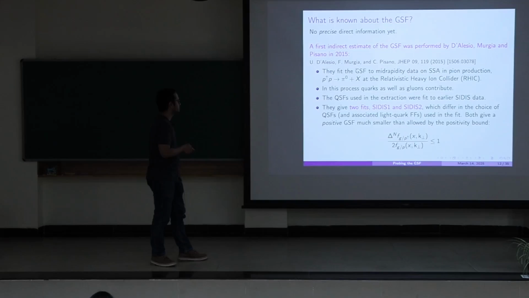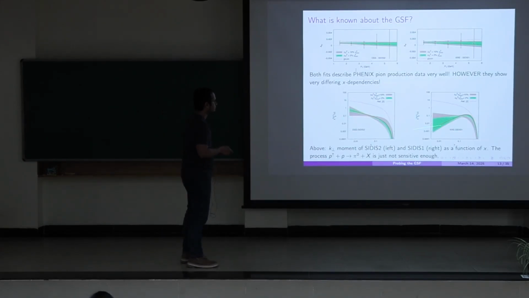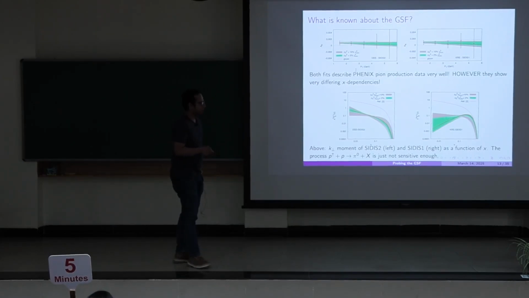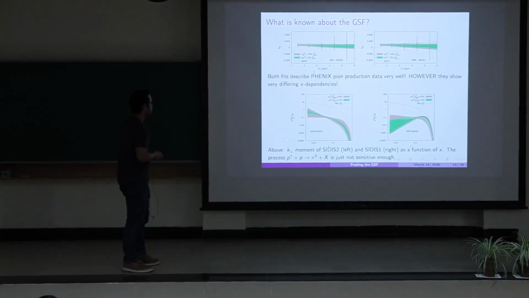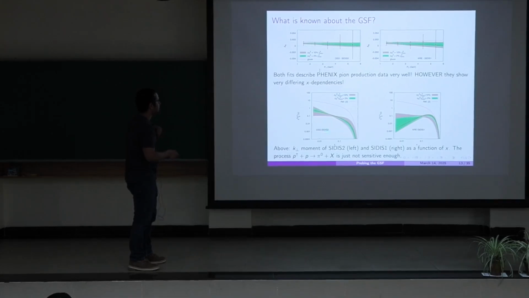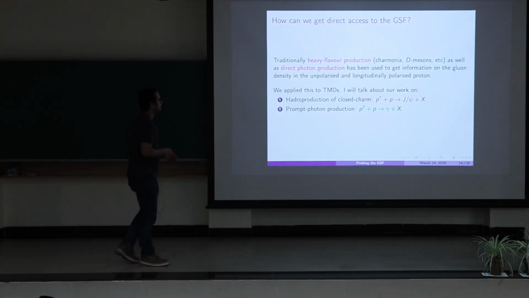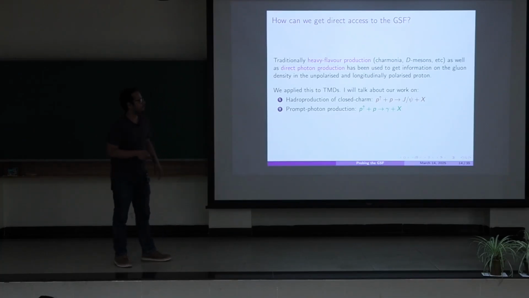So this is in some sense an indirect gluon Sivers function extraction, and they give these two fits based on two different assumptions. And they both show a rather small gluon Sivers function, but with very different x dependencies. The SIDIS 2 fit has a much stronger low-x behavior than the SIDIS 1 fit. So the question arises: how do you get access directly to the gluon Sivers function?